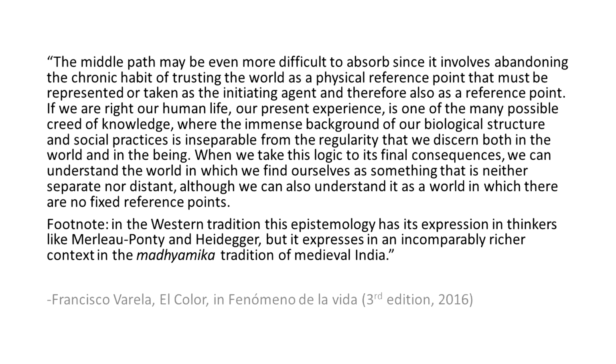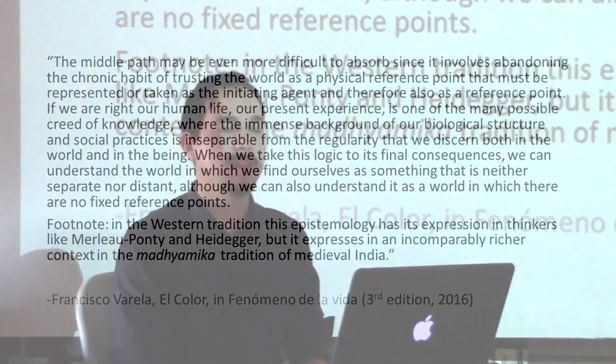Then a footnote says, in Western tradition, this epistemology has its expression in thinkers like Merleau-Ponty or Heidegger, but it is expressed in an incomparably richer context in the Madhyamika tradition of medieval India.